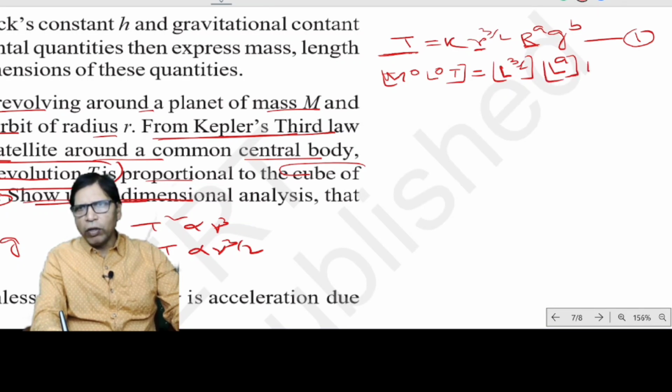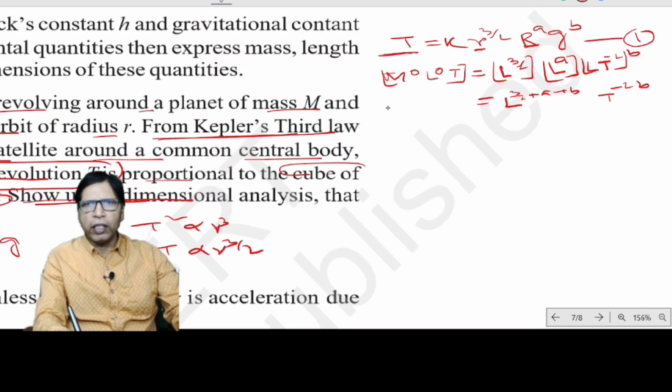Now g has dimension LT minus 2, so this is the power b. Therefore, here L to the power 3 by 2 plus a plus b, and T to the power only minus 2b.